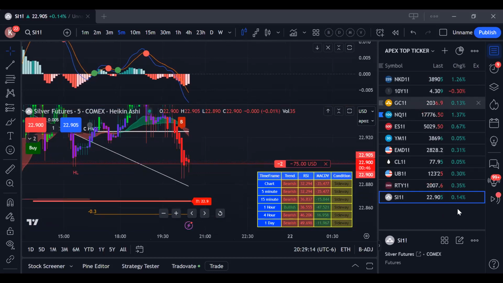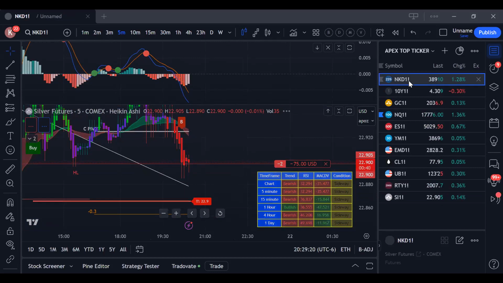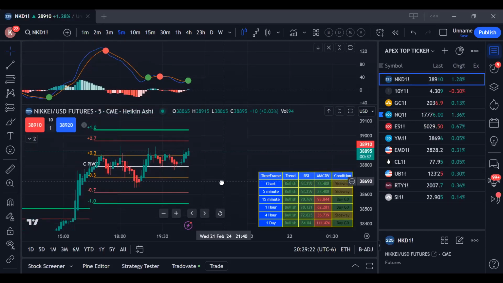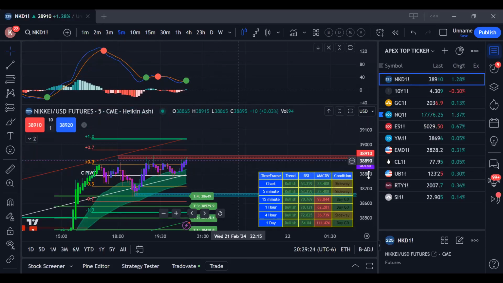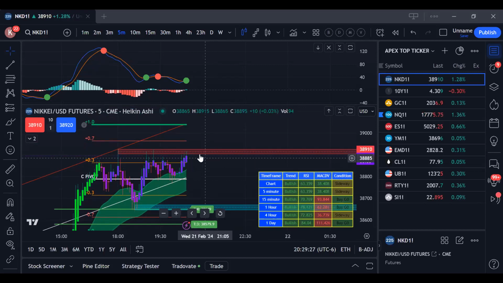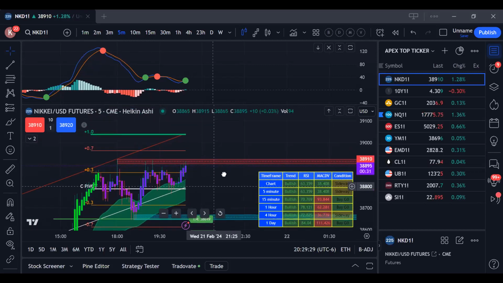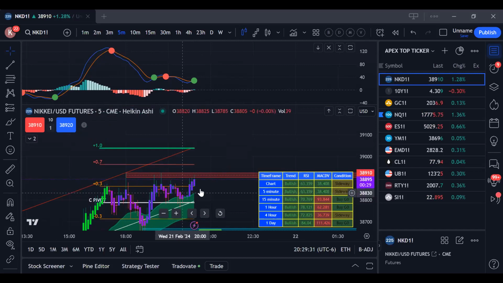Right, let's look at silver generally. If silver goes down, gold also will go down. So let's go and look at NKD now, right? It is still trying to break the resistance. You got a green signal, buy signal here, buy signal here. Only thing is we are waiting.